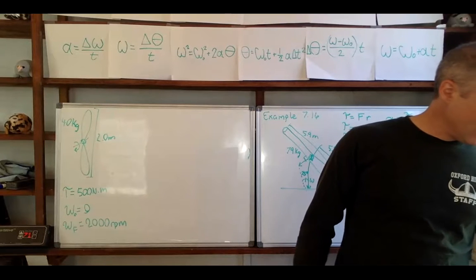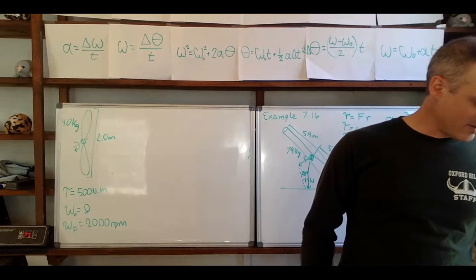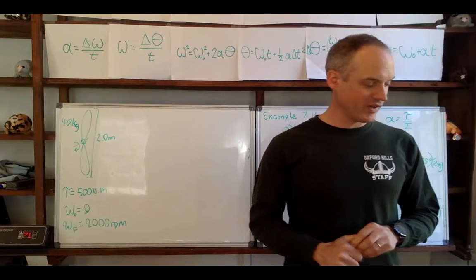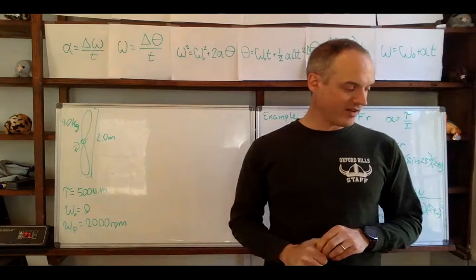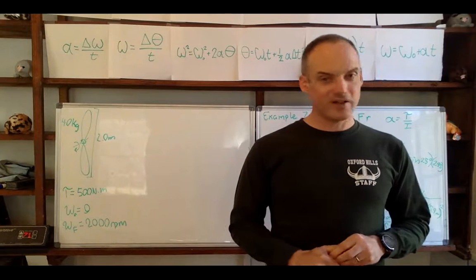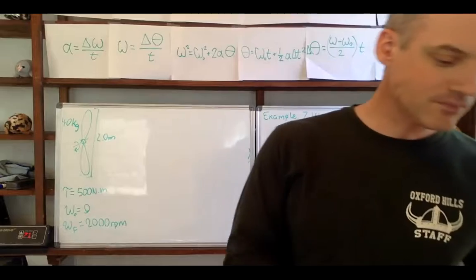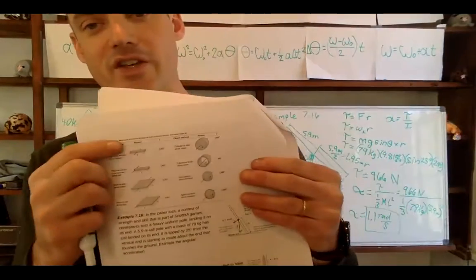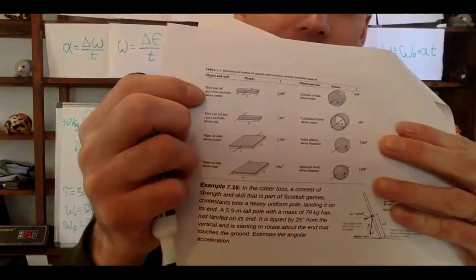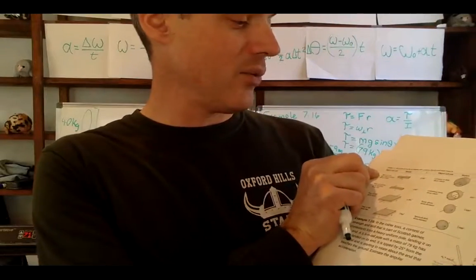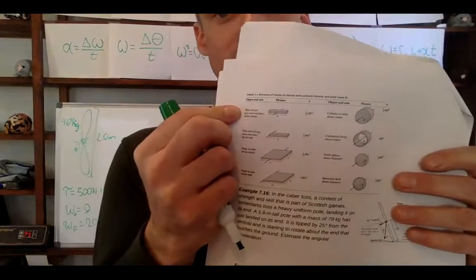It's not the SI unit. All right, so one of the things we have to do is look up the moment of inertia for a thin rod, because we're going to pretend it's a uniform thin rod, which has a moment of inertia of, what does that say? 1/12 ml squared.